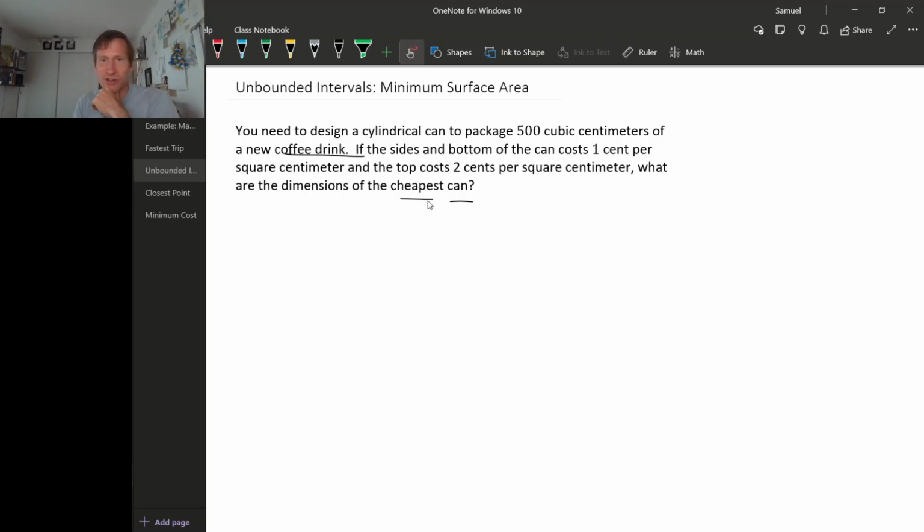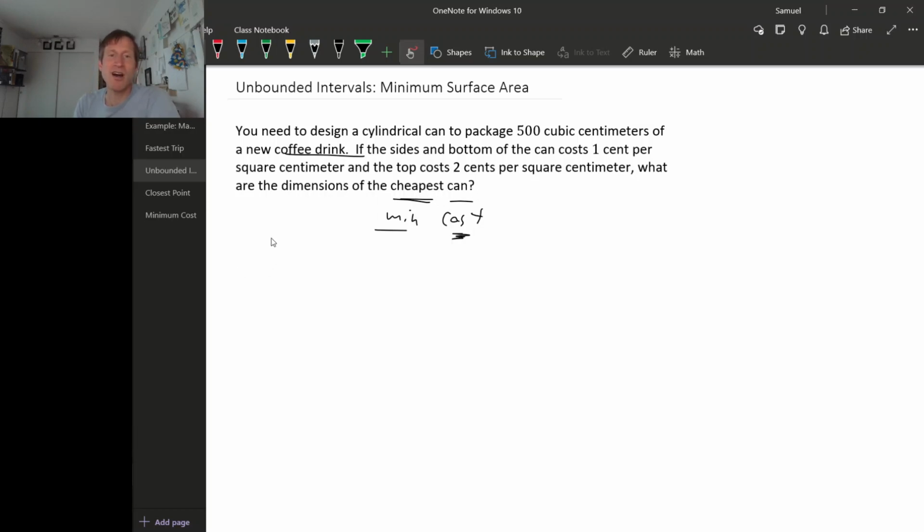Since we want to find the cheapest can, that's really the minimum cost. So what we need to do is express the cost of the can as a function of something. Well, its size is what it's going to be a function of, because its cost is determined by how much surface area there is on the sides and bottom, and then also on the top.